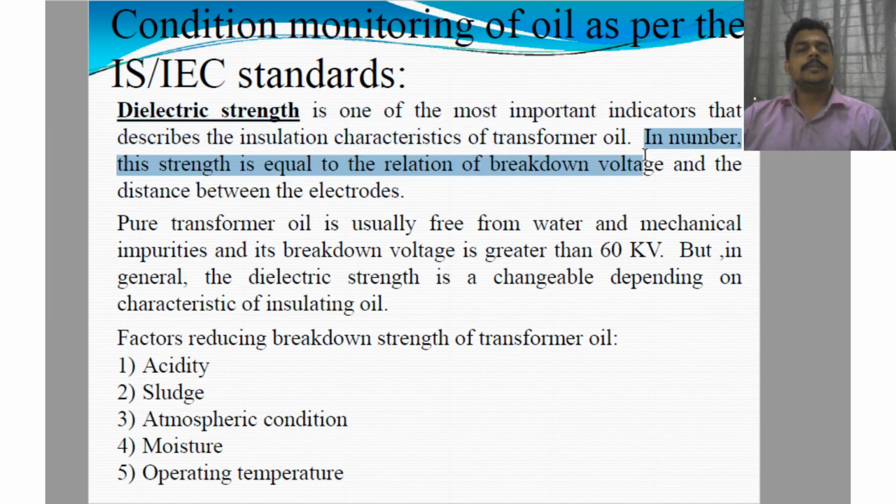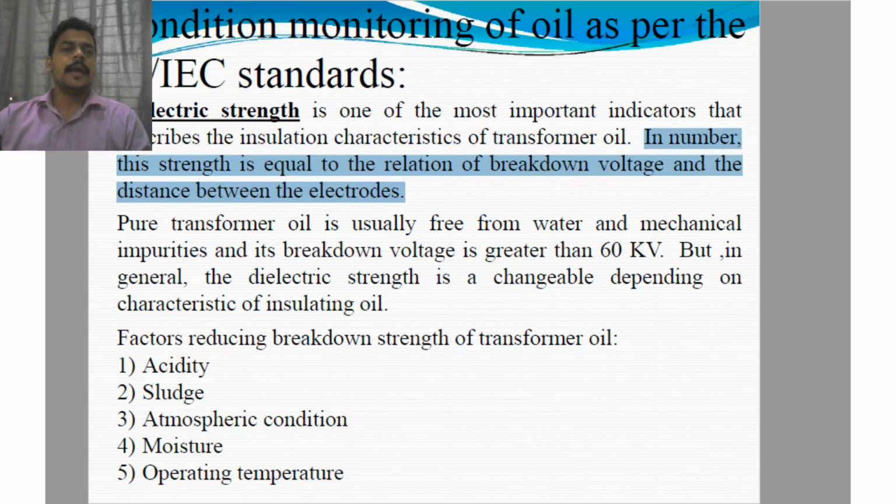This strength is equal to the ratio of breakdown voltage and the distance between the electrodes. In the second year, first semester, you have a subject of material science, and under this you performed the dielectric strength measurement for solid, gaseous and liquid insulating materials.